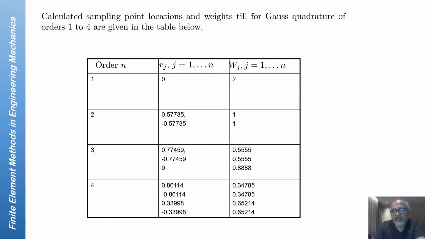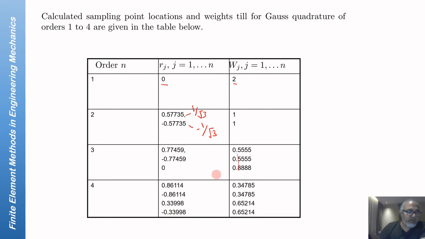So I have given you the table here. These points have been determined. For order 1, there is only one Gauss point, which is at 0, and the weight is 2. We have already seen that. For 2, the Gauss points are 1 by root 3 and minus 1 by root 3, and weights are 1 in either case. In 3, these are the Gauss points, these are the sampling points, these are the weights.